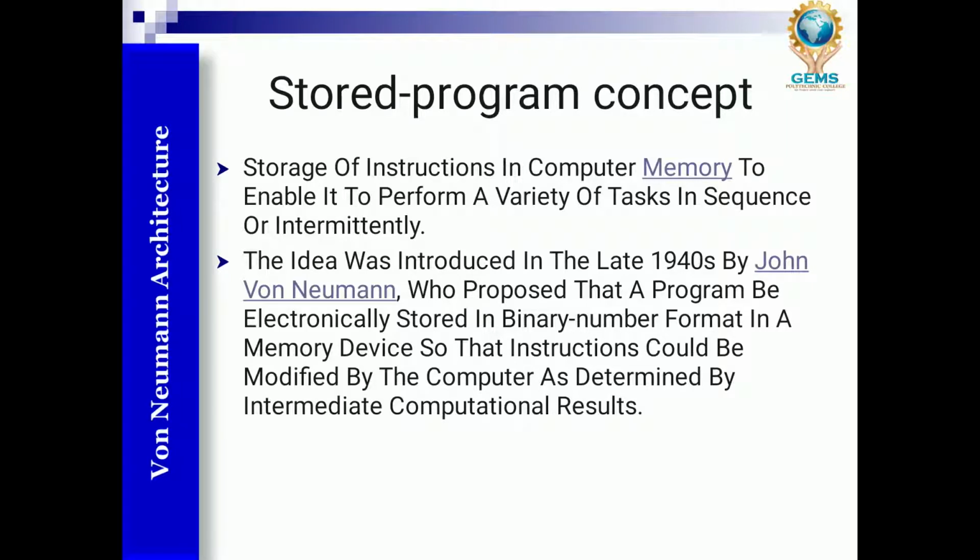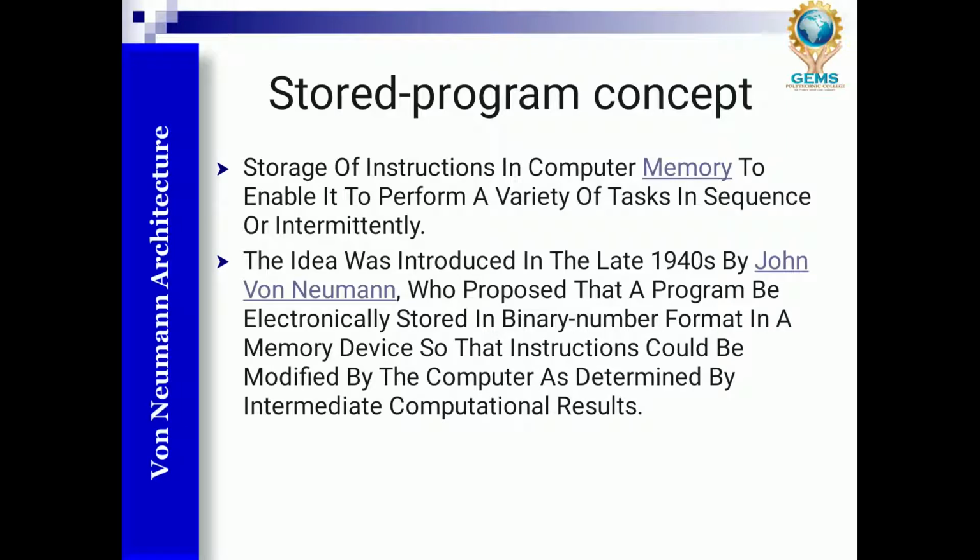We will see that this concept was developed by Von Neumann. So who is Von Neumann? He is a Hungarian scientist. We are going to see about him in detail in my forthcoming slides. So just look here.